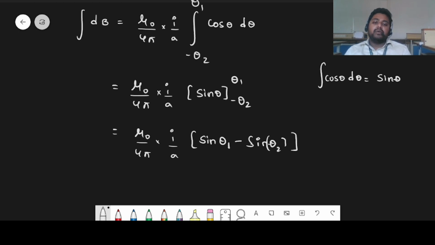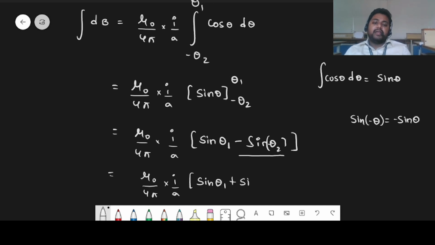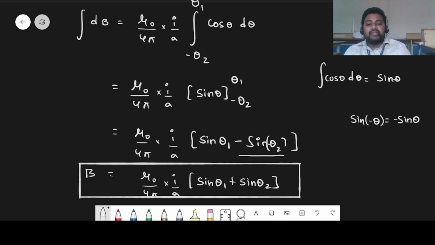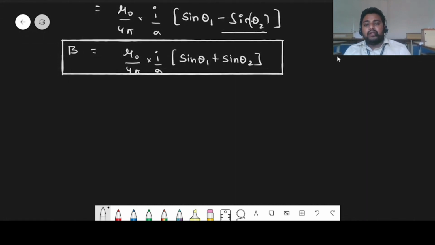Now, you know, sine of minus theta is nothing but minus sine theta. So doing the same here, we end up with mu naught by 4 pi into I by a into sine theta 1 plus sine theta 2. So this is the general formula for finding the magnetic field intensity due to any current carrying wire.